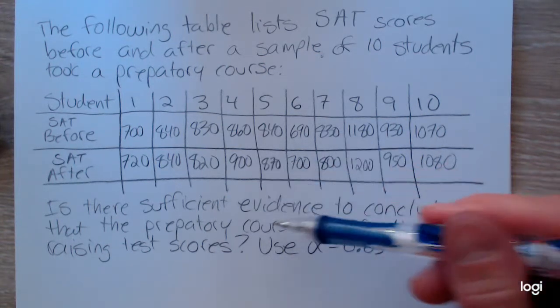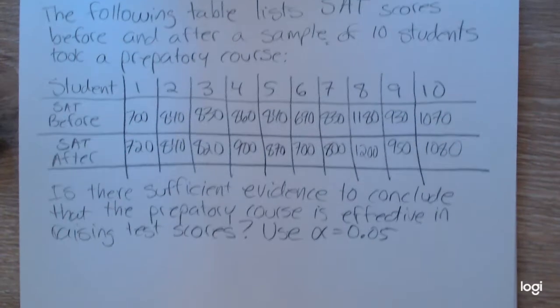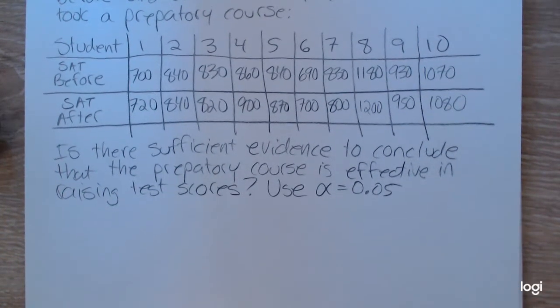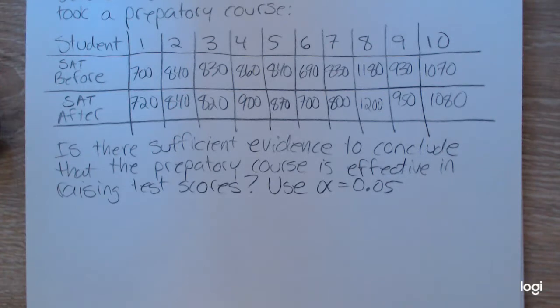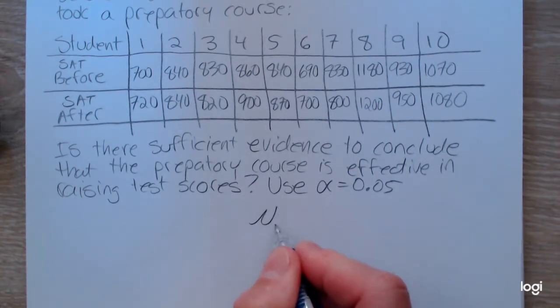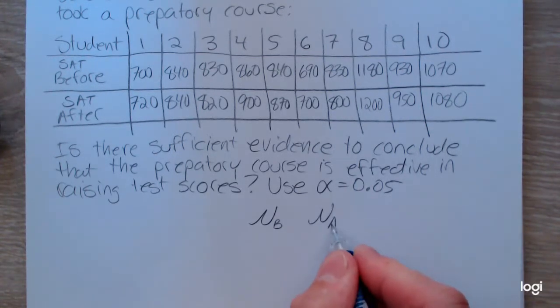So the question asks, is there enough evidence to say that this course is effective in raising the SAT test scores? We need to write the null and the alternative in terms of the parameter mu sub d. To get that, we can first compare the mean before and the mean after.